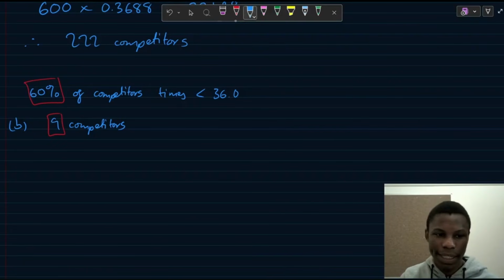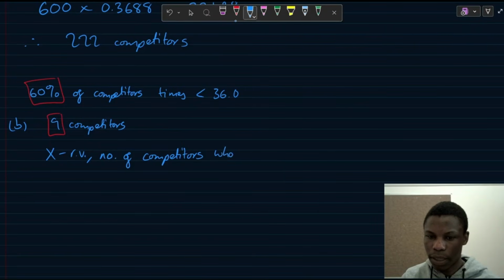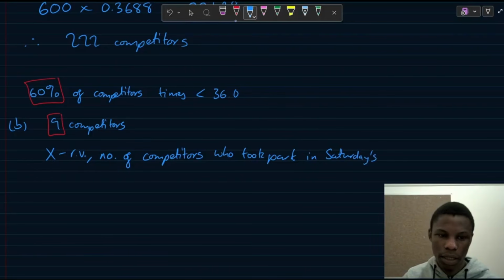Okay, so let's actually define our random variable. Let X be the random variable, number of competitors who took part in Saturday's event. And what is the success?